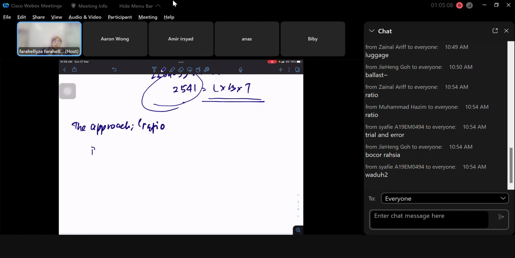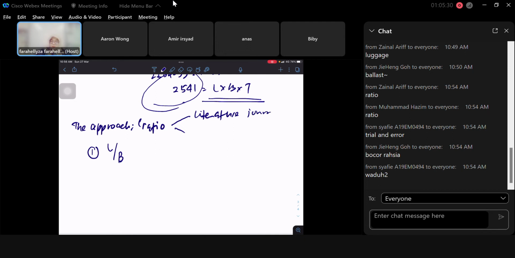So the first ratio that you need to know is the L upon B ratio. Common practice ratios you can get from literature, from journals, from books.